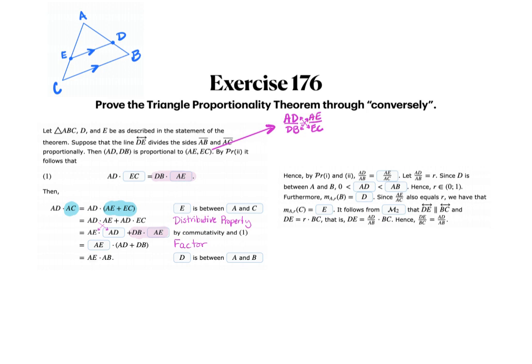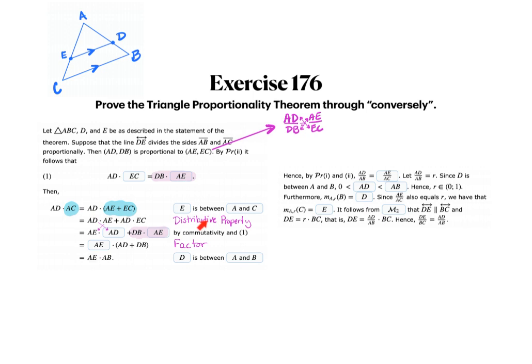Let's next examine the product AD times AC. We know that's equal to AD times the quantity AE plus EC, because E is between A and C. So that's just adding up the pieces of a segment. The sum has to be the same as AC.